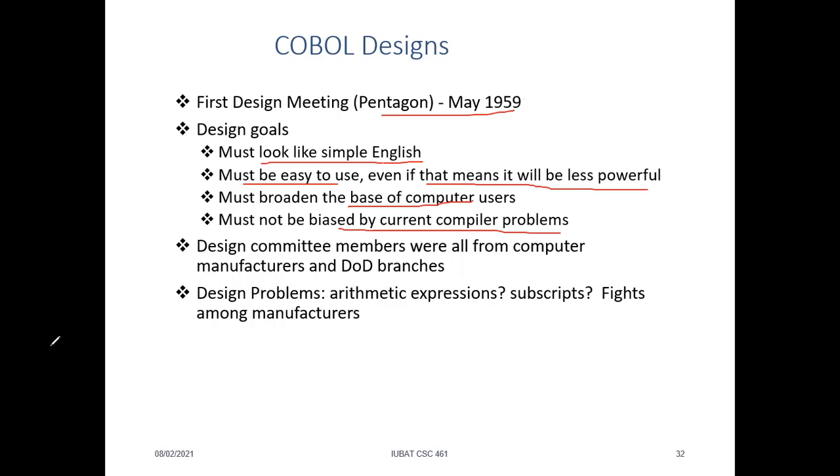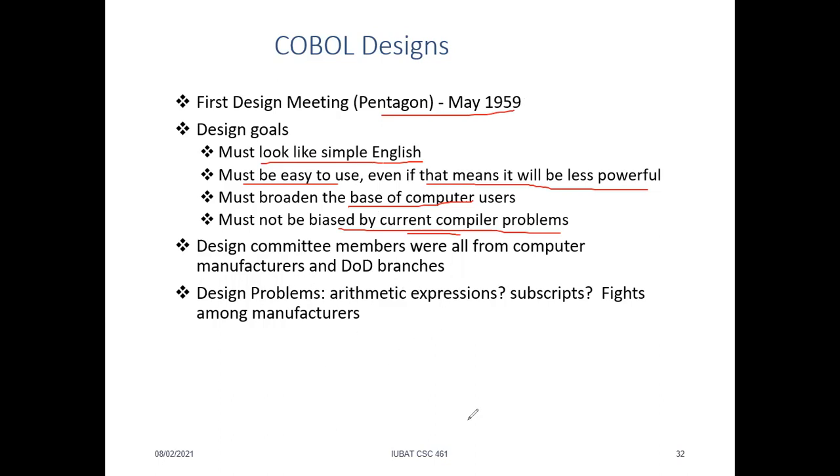And most importantly, it must not be biased by the current compiler problems. That time, compilers had resource issues. They were biased to a computer, that is machine to machine, and some of the compilers were not optimized at all. So there were different problems, and they were trying to get over them.